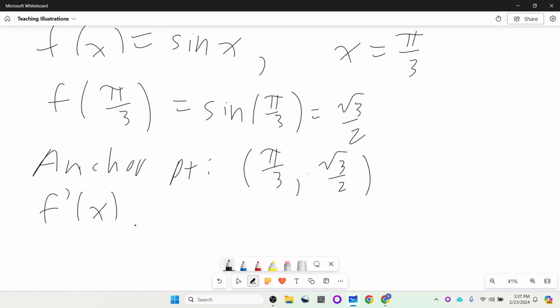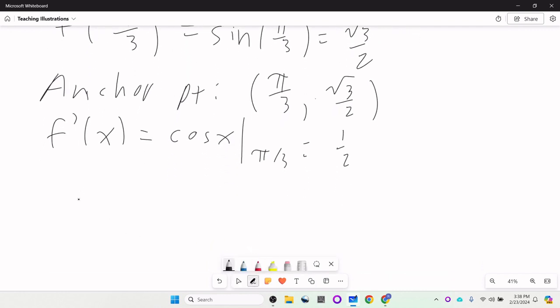F prime of x is cosine of x. And then we will plug in that same pi over 3 and get 1/2. So what that means is not only do we have a point to start at, but as we go away from that point, we will go at a slope of 1/2.